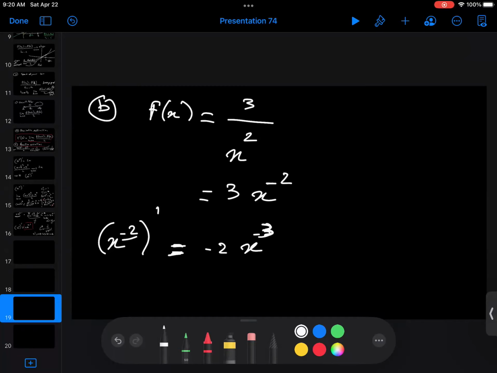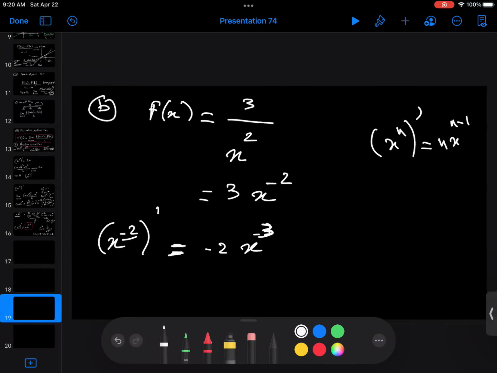Okay, so this is analogous to (x^n)' equals n x^(n-1). In fact, this formula applies not only for natural numbers, but also for negative numbers, right?